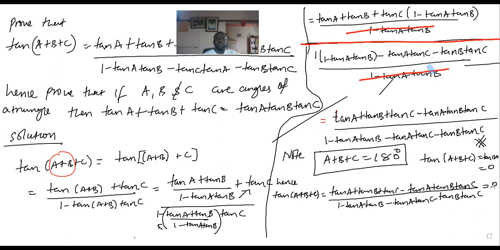If it is equal to 0, cross multiply up and down.